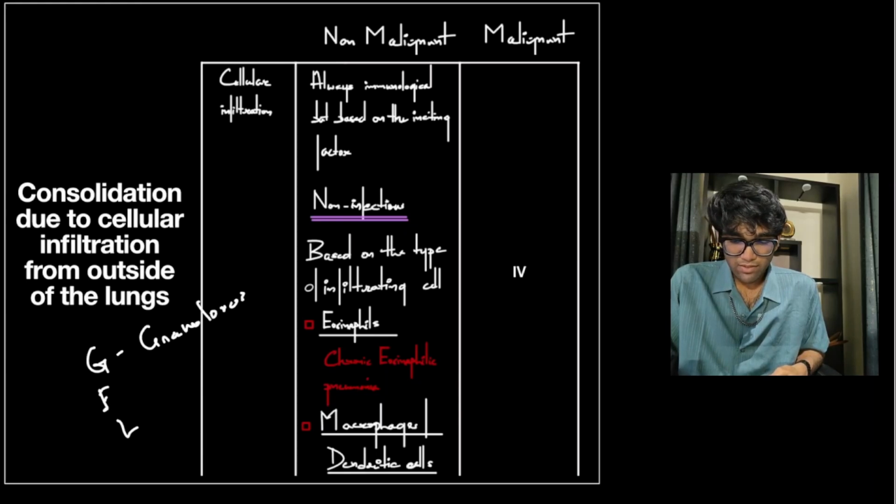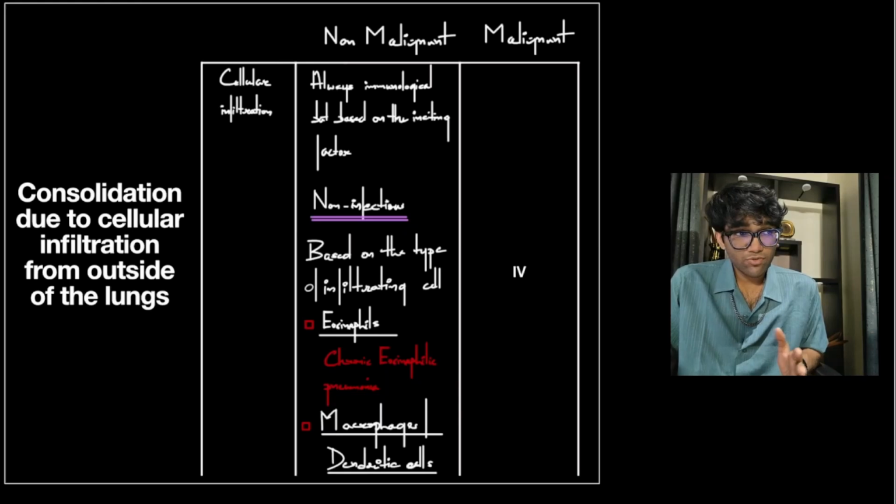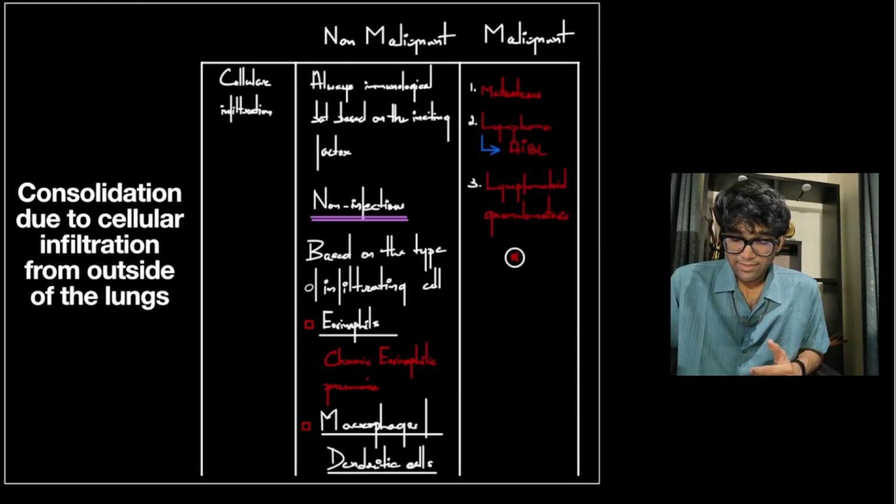In eosinophilic infiltration, we have the entity chronic eosinophilic pneumonia, and we'll go into the details of eosinophilic infiltration into the lungs in a subsequent talk on pulmonary eosinophilic disorders, so we'll discuss it at that point. Then macrophage and dendritic cells I'll talk about in the next slide.